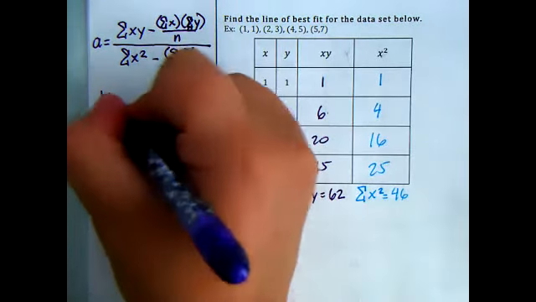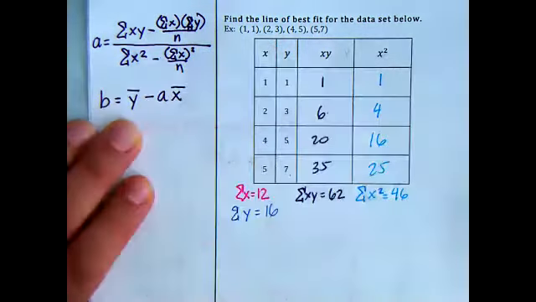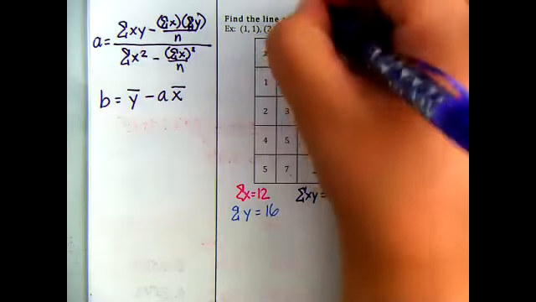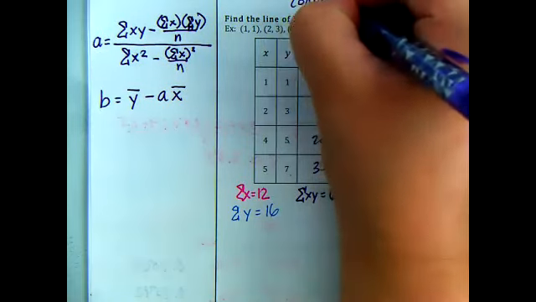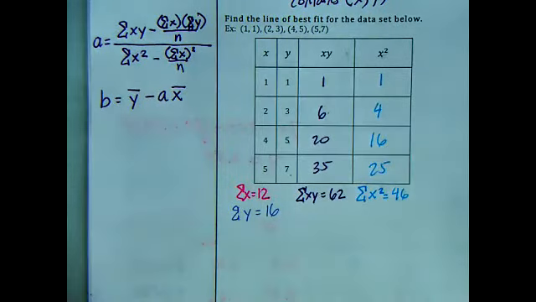And I'll just go ahead and put the b here. Y bar minus a times x bar. Because remember, your line of best fit contains the point x bar, y bar. So we're using that here to find b.